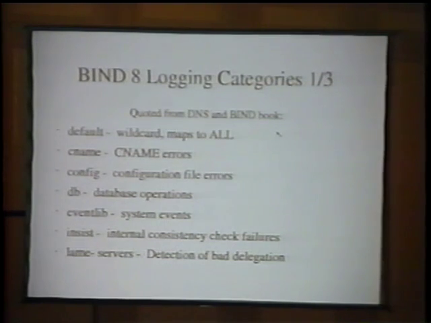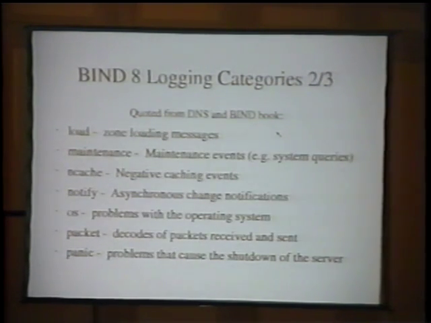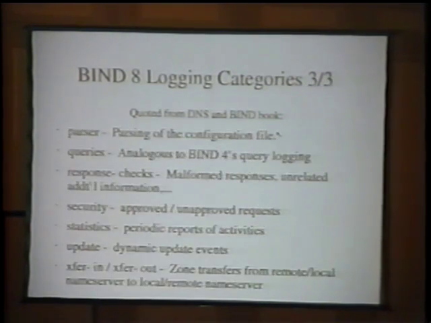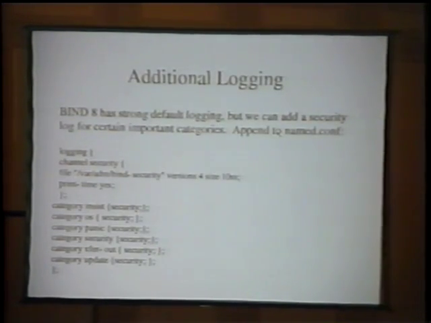Lame servers is a pain in the butt. I've got 3 pages of logging channels. The best way to learn about each of these is to look at the DNS and BIND book or some of the documentation that goes over what goes in each channel. Okay, so here's your cheat sheet. You can ignore the past 8 slides until you've got a problem if you just stick to this.